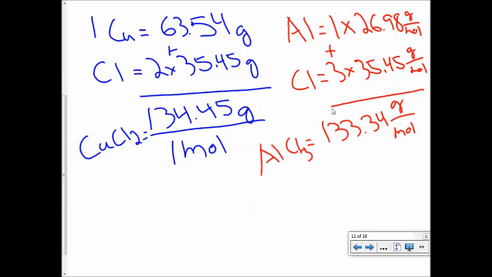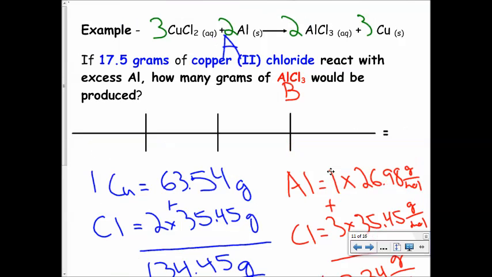All right, we laid some of the groundwork, and now we come back up and actually start the problem. We are going from our grams of A, 17.5 grams of CuCl2. If I have grams of CuCl2 on top, what do I need on bottom? Grams of CuCl2.